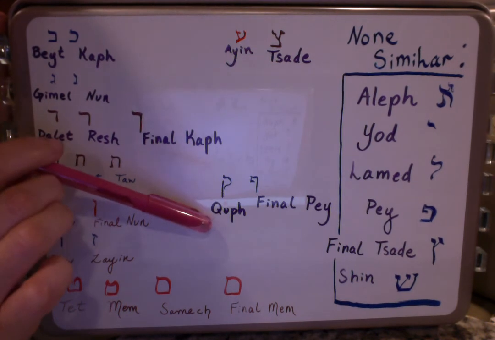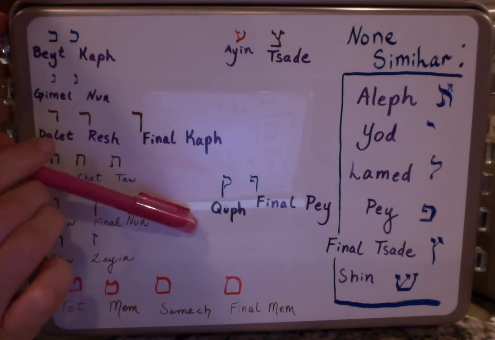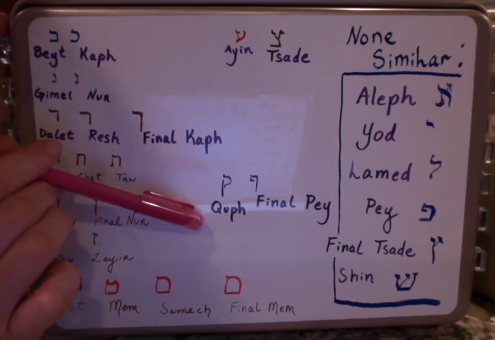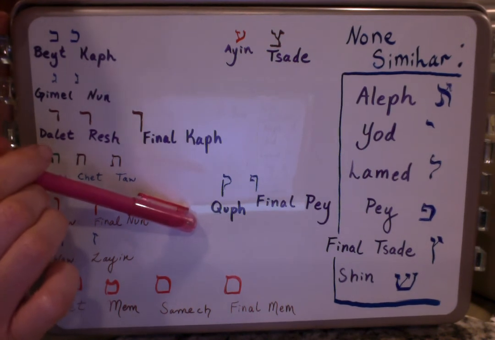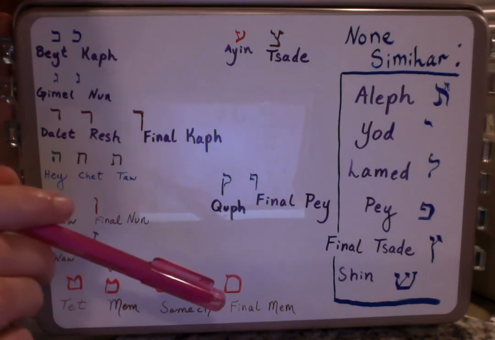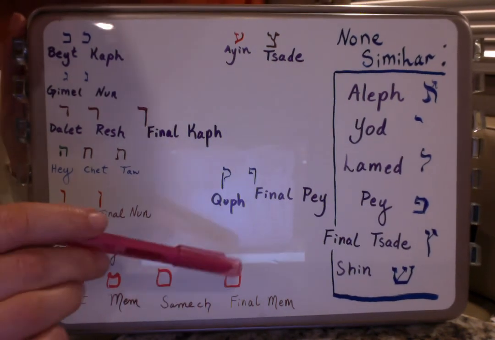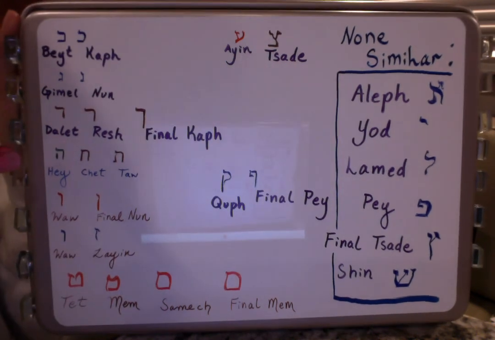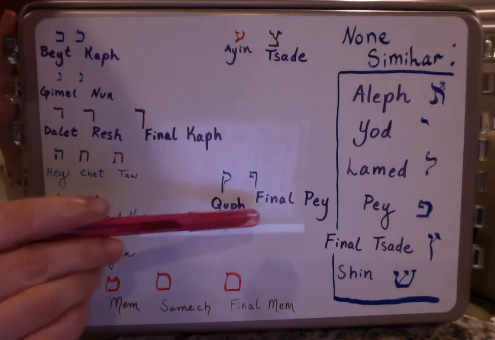Then we go down to kuf and the final pei. Now to me, what you can kind of mix up pretty easily, also because these aren't shown as much, I've noticed that the ones that you see a lot more often, you just automatically think, oh, that's mem, or oh, that's resh, when it could be a dalet or a pei.